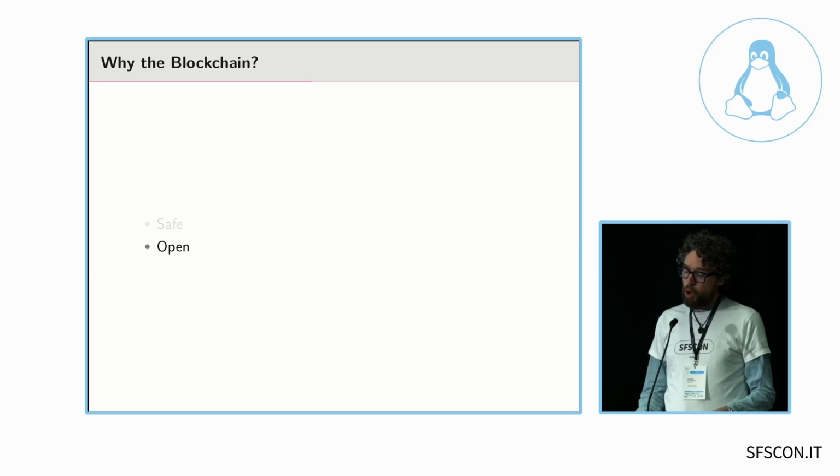It's open, because also the source code of Bitcoin Core is open, and the protocol is open. I mean, there is no patent, so you can do what you want on top of it.